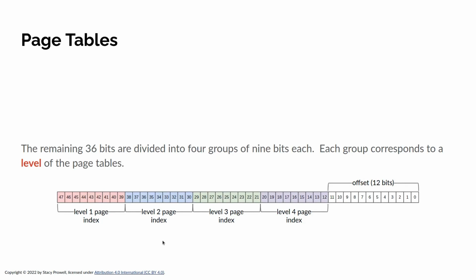The next few bits tell us the level 2, level 3, and level 4. Now there were 12 here, total of 48. So 48 minus 10 is 38, minus 2 is 36. So I got 36 bits left over here, and I'm dividing them into 4 levels. So there should be 9 bits in each one of these. So there's 9 bits, 9 bits, 9 bits, and 9 bits.